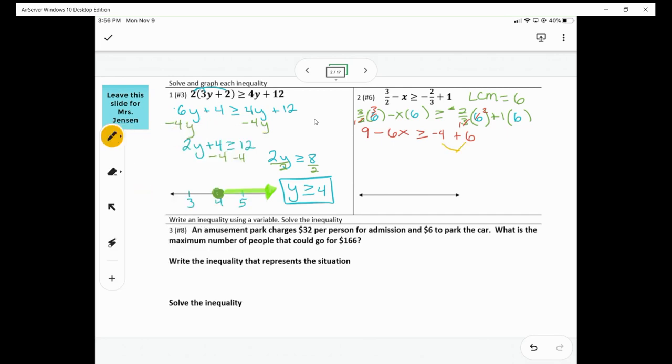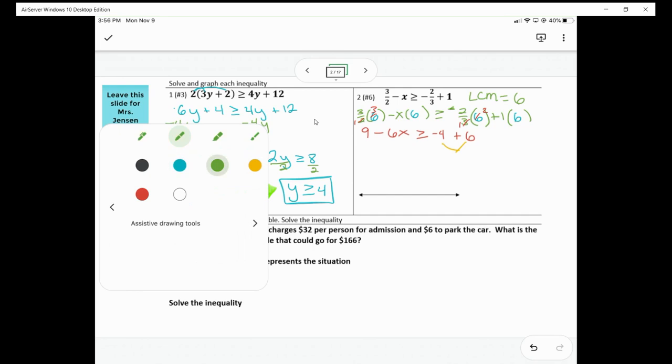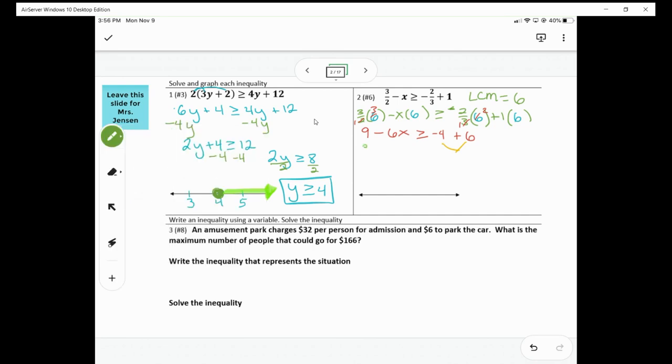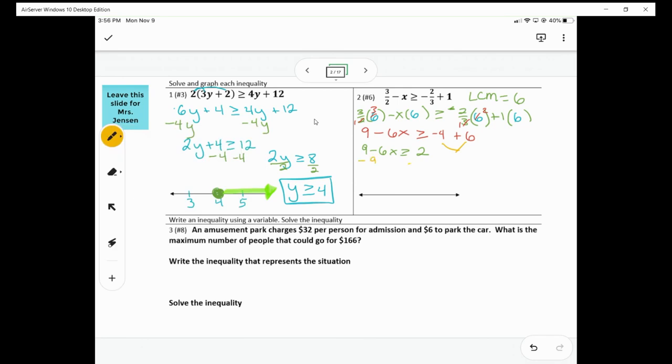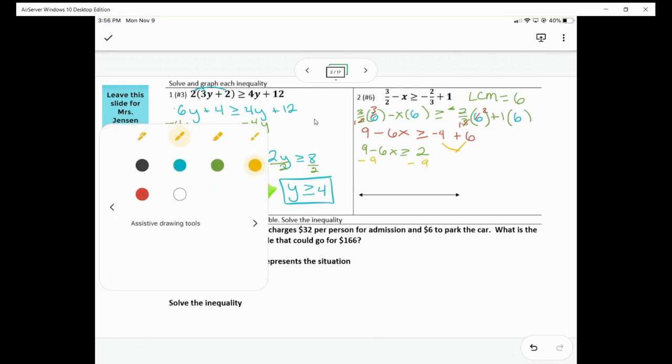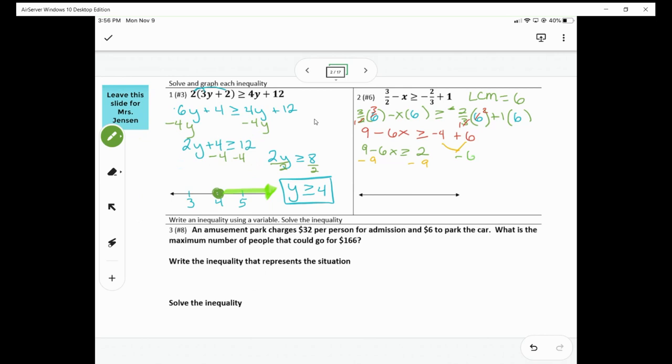Next up, we want to combine like terms on the right side. Now we only have constants on the right, so let's keep the constants on the right side. So we'll subtract 9 from both sides because it's positive. And we have negative 6x is greater than or equal to negative 7.